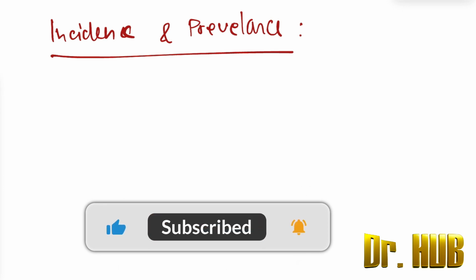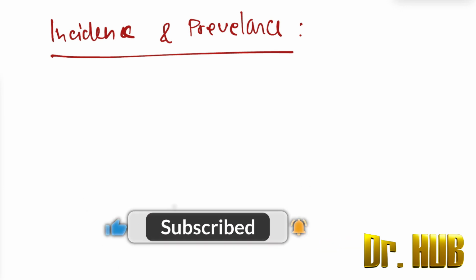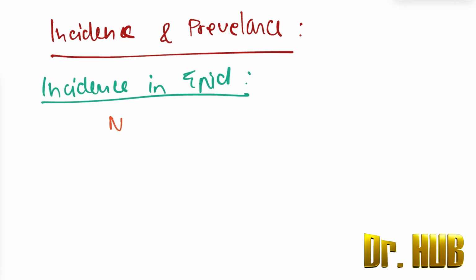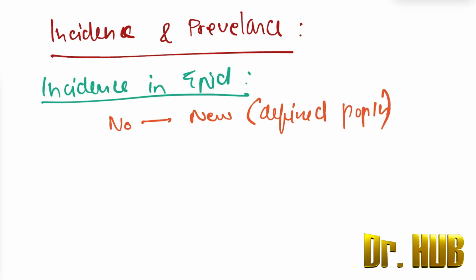To begin with, incidence in epidemiology. Incidence is the number of new cases occurring in a defined population during a period of time.